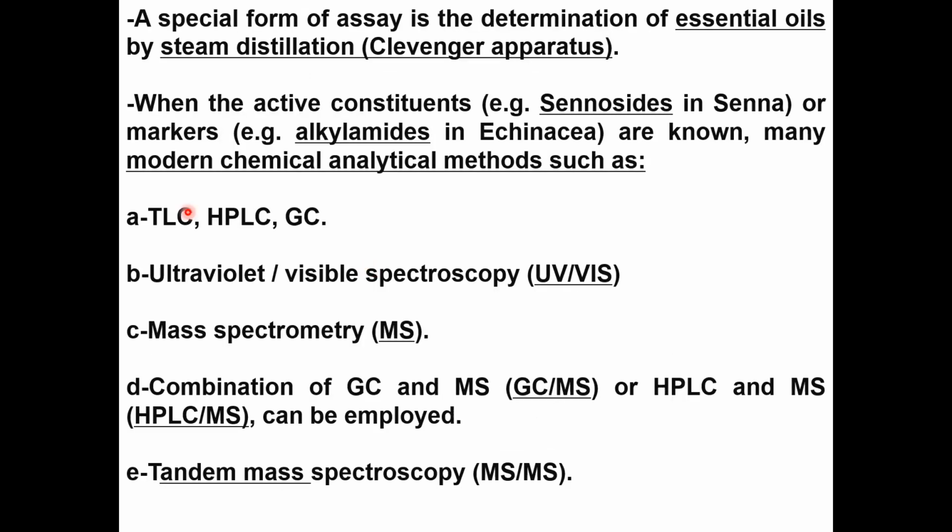For volatile oils, which are present in many medicinal plants or crude drugs, a special assay is used to measure the volume and yield in the herbal drug, by steam distillation using a Clevenger apparatus.